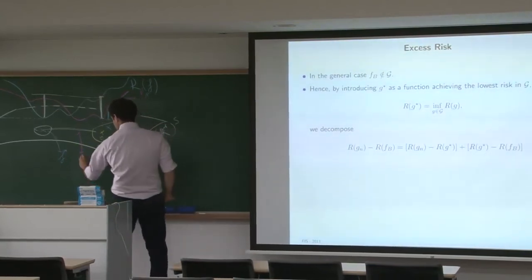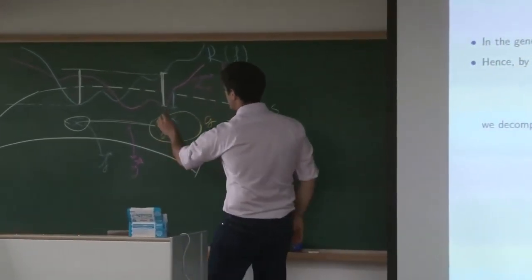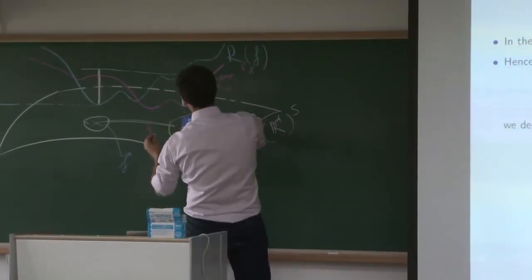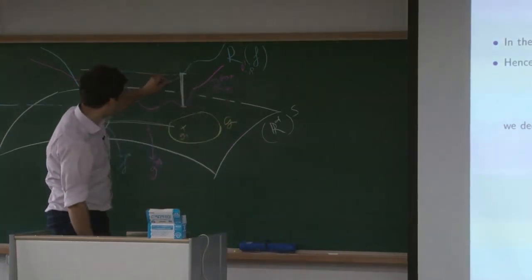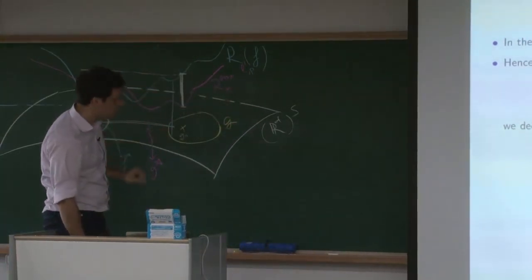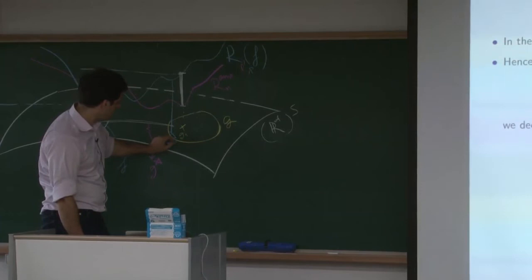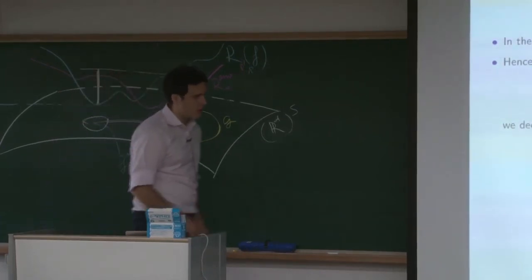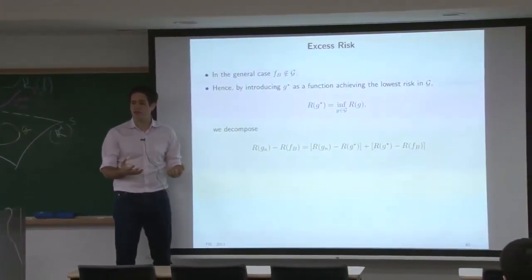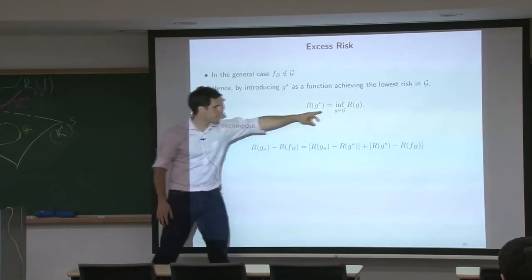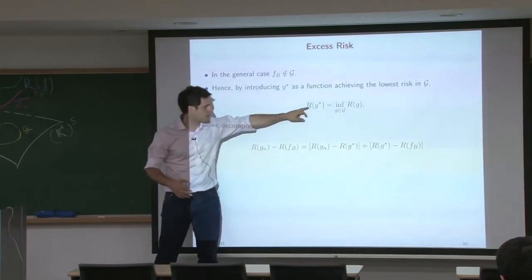Let's call it a G star like this. We'll remove this. So the function here which has the lowest risk in my function class G is this function here, right? It's G star here. So somehow, if you decide that you will restrict yourself to a certain function class G, what could be the best possible answer in that function class G? So that's called G star.